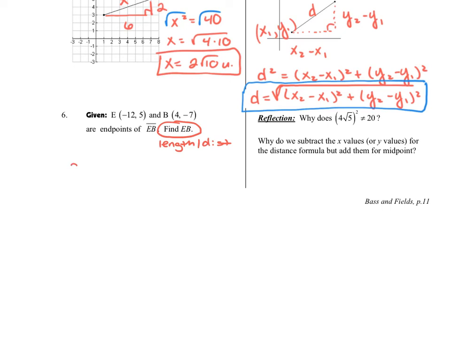So we're going to use our distance formula. But remember, it's not much different than the Pythagorean theorem. I'm going to do the difference between my x values. It doesn't matter which one is the first point and which is the second. So 4 minus a negative 12 is 4 plus 12. Add that because we add the sum of the squares of the legs. And then I'm going to do negative 7 minus 5, and I'm going to square that.